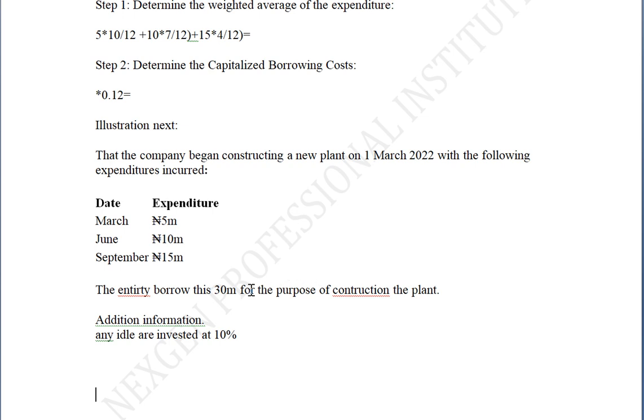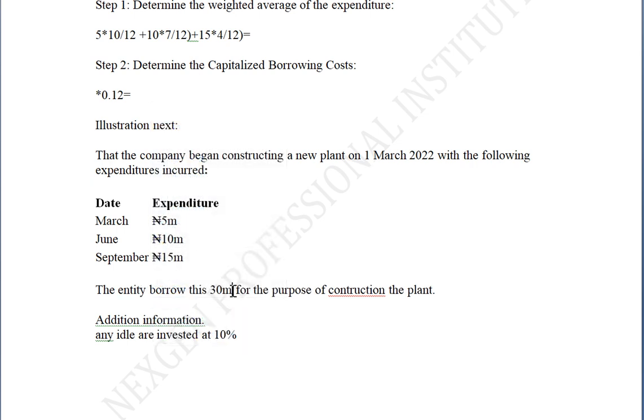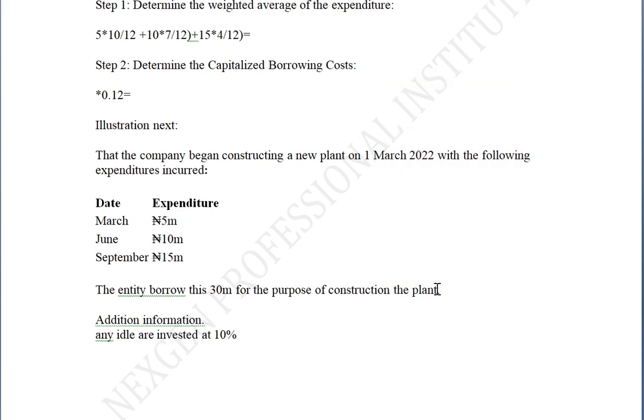Wait, hold on. The entity borrowed 30 million for the purpose of construction of this plant on 1st of March 2022. Let's just assume the year is 2022. Now look at it this way. Any idle fund are invested at 10%. Now look at what I'm trying to explain. They borrowed this money on the 1st of March 2022.